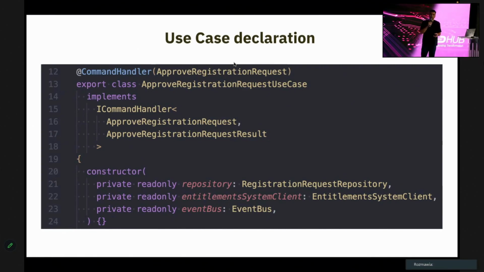So when I pass that command or query to the query bus or command bus, the framework knows which use case should be executed. And the other important thing is that use cases must implement either the ICommandHandler interface or the IQueryHandler interface. In this particular case, we also accept three dependencies. We always inject dependencies in constructors.